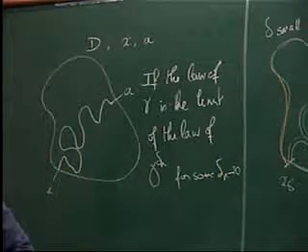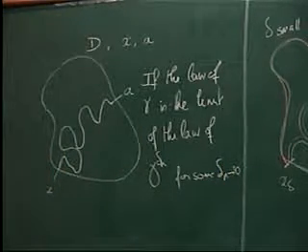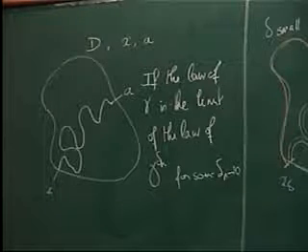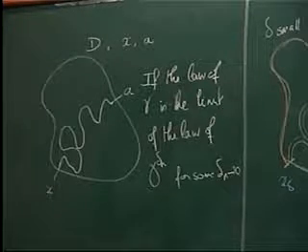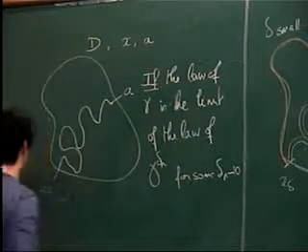So that's what we started with. We said, assume gamma is one of these limits. What can we say about it?